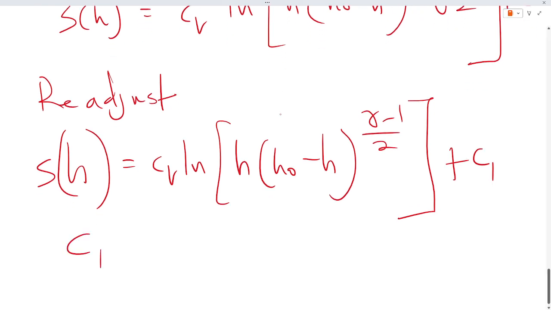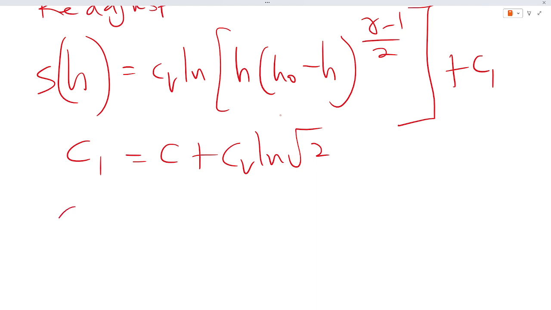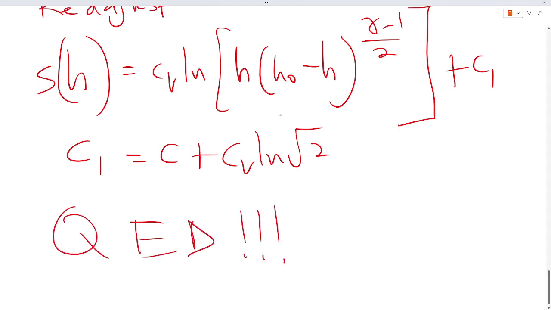And let us not forget that C1 equals C plus Cv ln root 2. QED. That is solved.